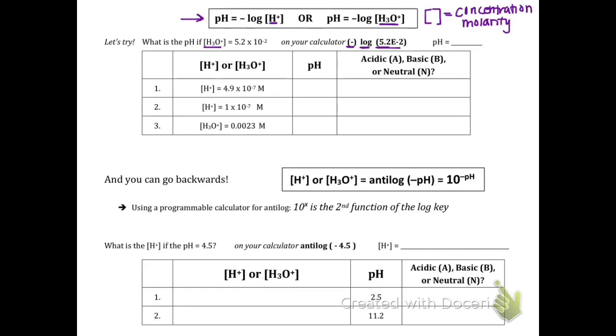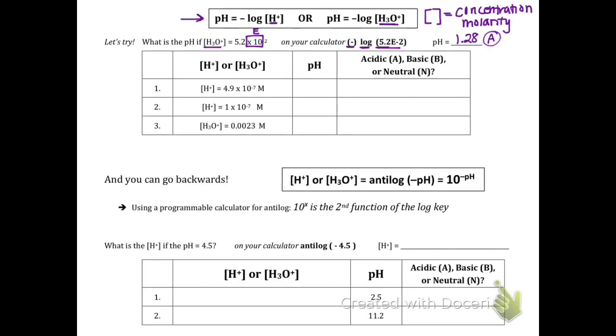Remember, this times 10 gets replaced with E on your calculator. When you type that in, you should get 1.28. 1.28 is less than 7, so we know it is acidic. That means there are a lot of H's.